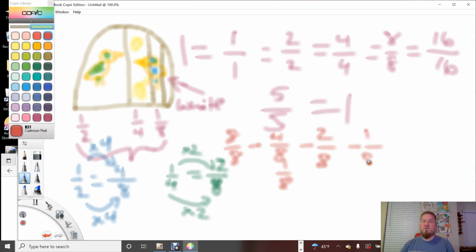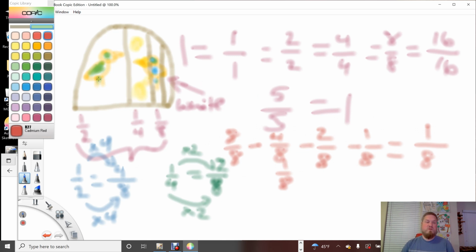Sorry that kind of got mushed together over there. So the 8s on the bottom stay the same. We have 8 minus 4, that's 4. 4 minus 2 is 2. 2 minus 1 is 1. So 1/8 is the amount of birds that are white.